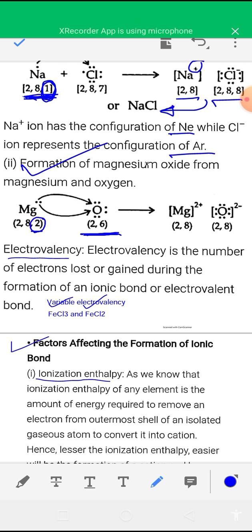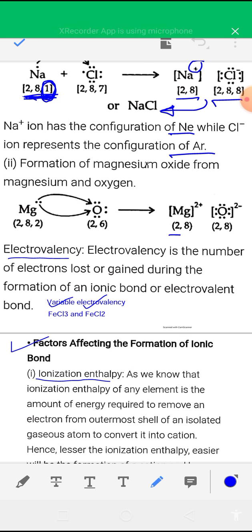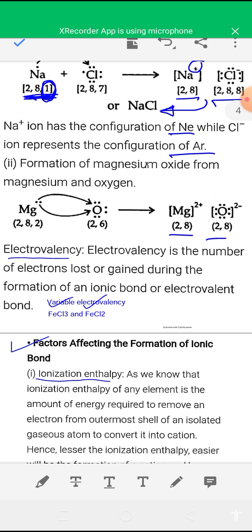To attain the noble gas or octet configuration, magnesium transfers its 2 valence electrons to the oxygen atom, and therefore magnesium is converted into Mg2+ and oxygen is converted into O2- by gaining 2 electrons. Both Mg2+ and O2- have the noble gas electronic configuration of neon. After formation of Mg2+ and O2- ions, they join together to give MgO.